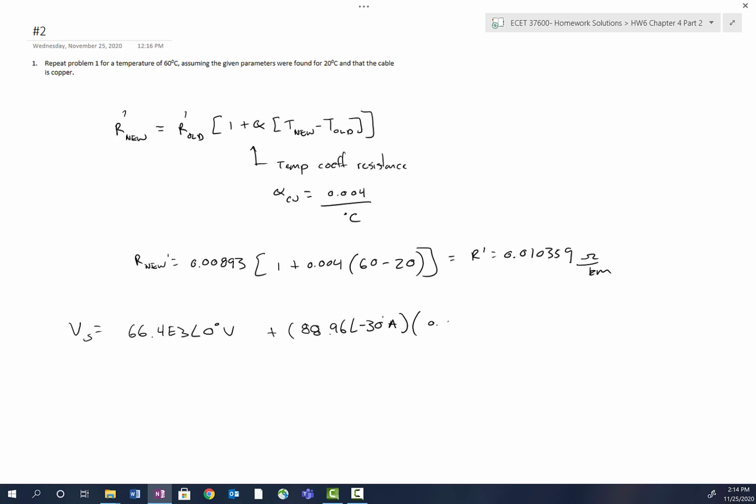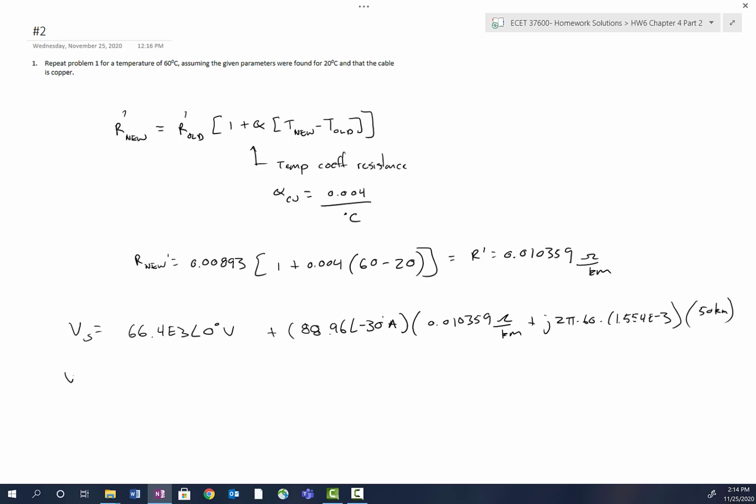This is going to be the 0.010359 ohms per kilometer. The inductance didn't change. It's going to be j2 pi times 60 times 1.55 e to the minus 3, and then I need to multiply by line length, which was 50 kilometers.